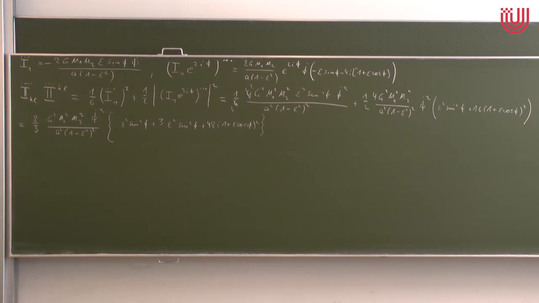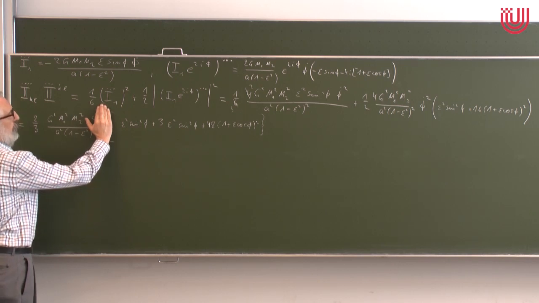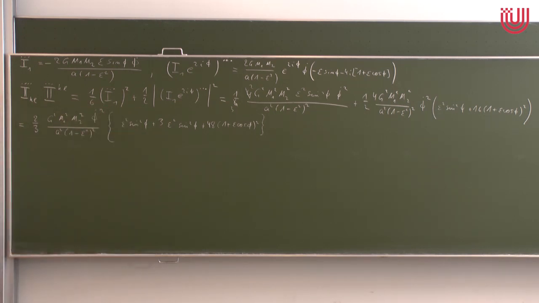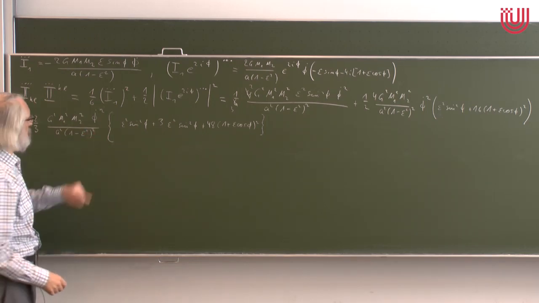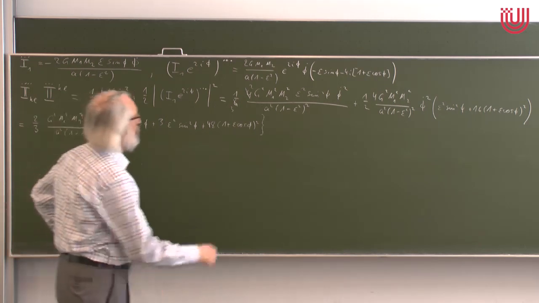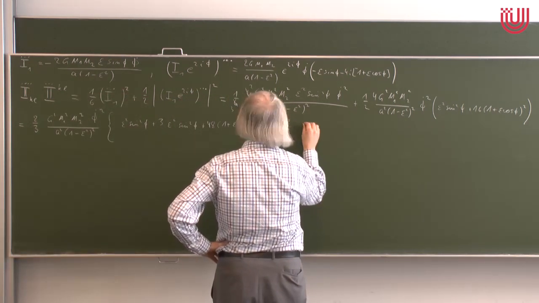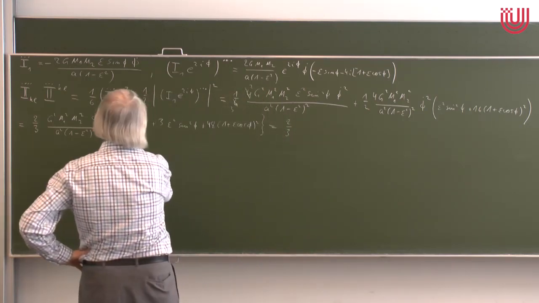So now we want to time average this. Time averaging means integration over time and then dividing by the time interval. If I had only one factor phi dot, this would be very nice, because then I could integrate it very easily over dt. Unfortunately, I have two factors. So I express one of the two factors by an expression we had last time on the board. So I write 2/3. Here I have a common factor 4, right?